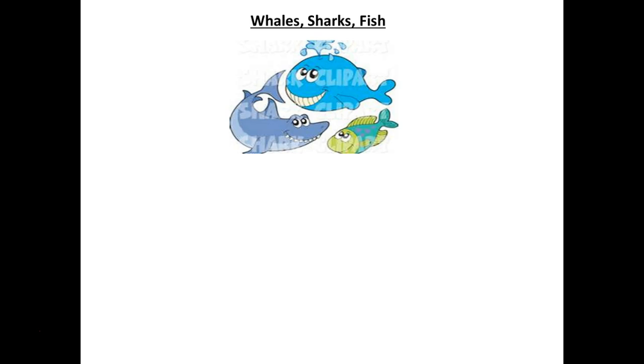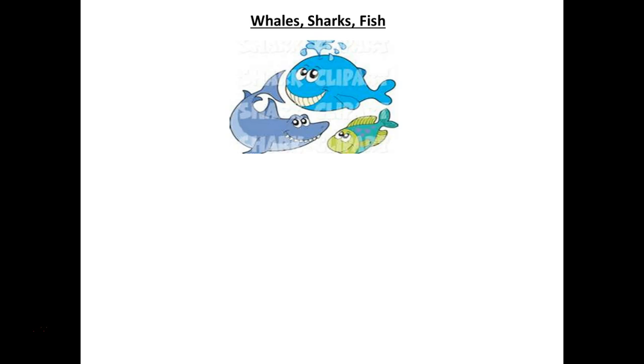So when we look at characteristics, though, it can get kind of confusing if we were to just look at that one thing. Because all these guys have something in common, don't they? So this is a whale, a shark, and a fish. What do they all have in common? They live in the water.